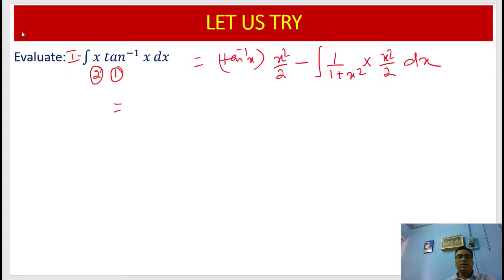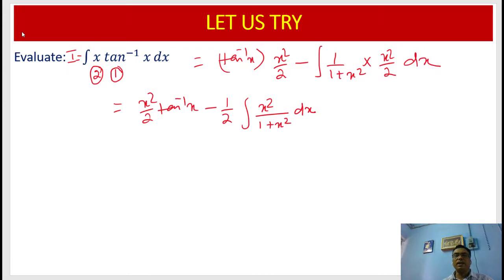So I got x square by 2 tan inverse x minus 1 by 2 integration of x square by 1 plus x square. Oh, here I got numerator and denominator having the same degree. So our requirement is that the degree of numerator must be less. Therefore, what shall I do? I must do division.